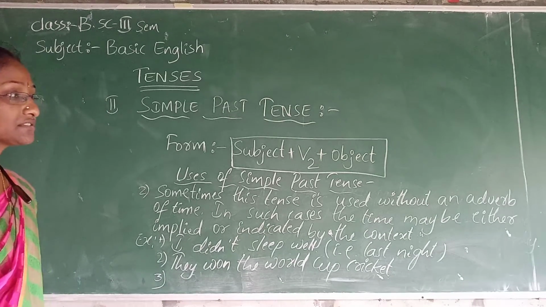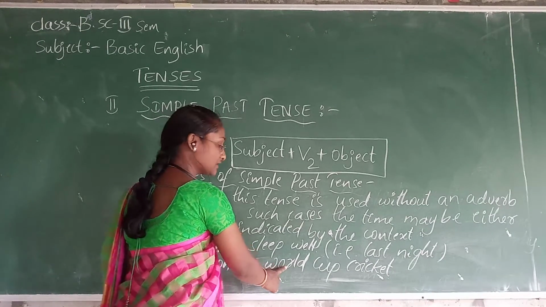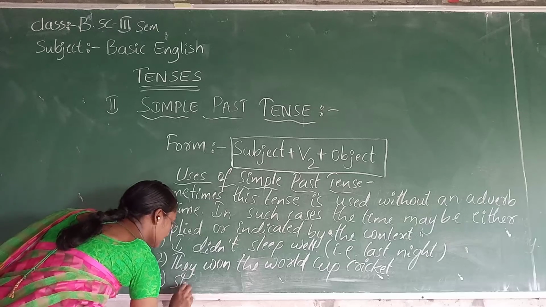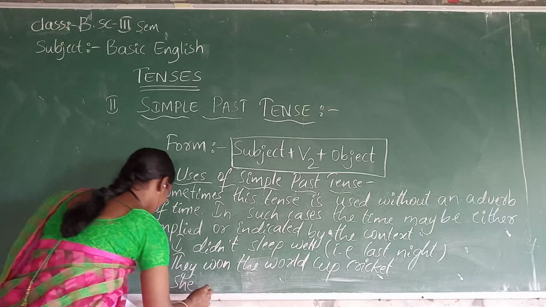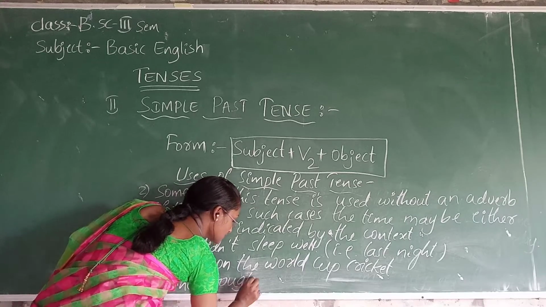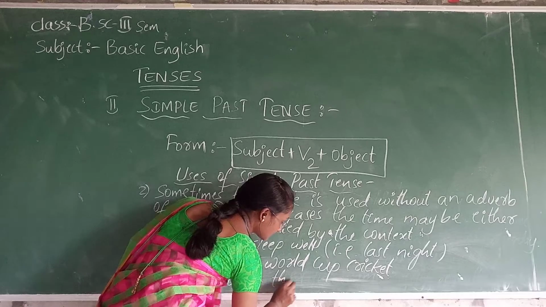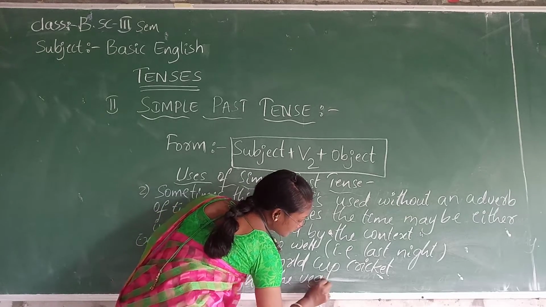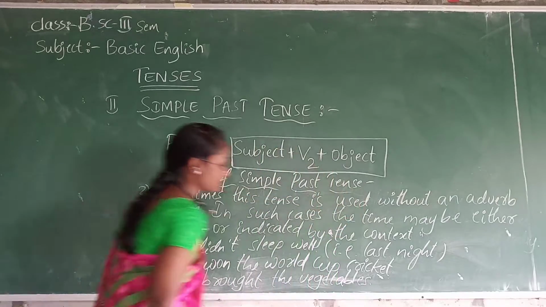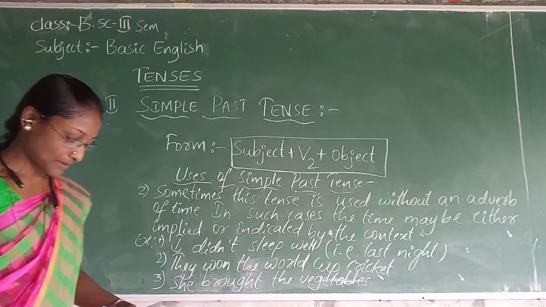Here there is no adverb or particular time. Third example: she brought the vegetables. All these are examples of simple past tense.